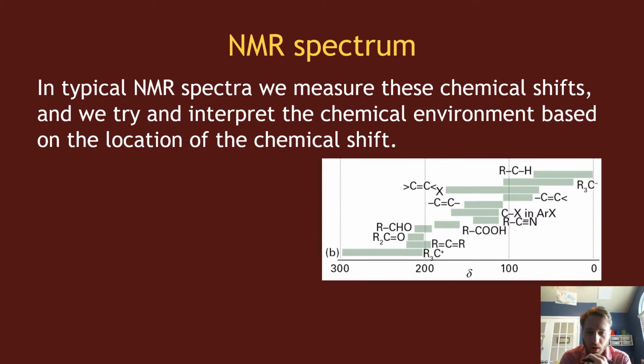Here, what's given in this figure in this slide is just showing you roughly where certain chemical shift values are. So there's a chemical shift range of 0 to say 300. When you have just carbon attached to other carbons, in an alkane type structure, you get very low chemical shifts.